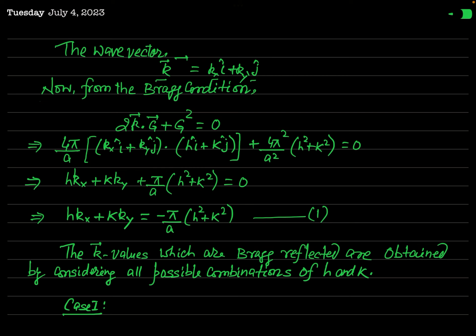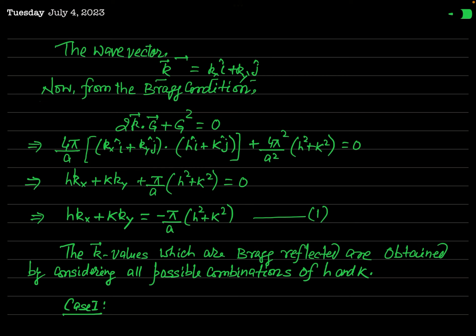Now we can see what will be the result when we apply the Bragg's condition. When you say Bragg's condition, it means this condition is used to find the Bragg reflecting plane, which plane will actually provide the Bragg reflection of X-ray. You can obtain it from this relation or this equation.